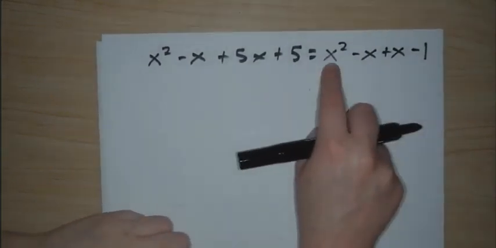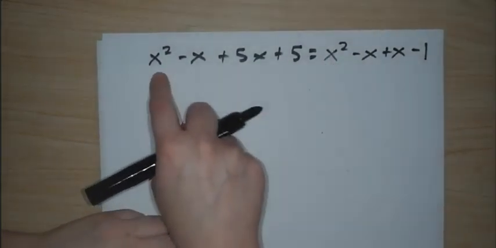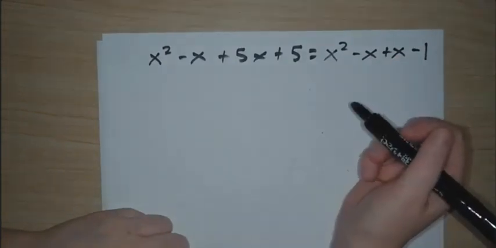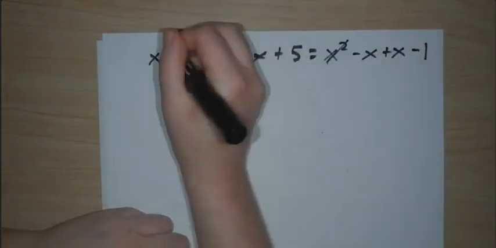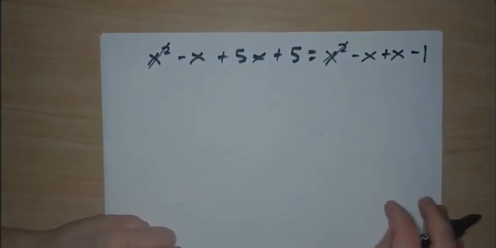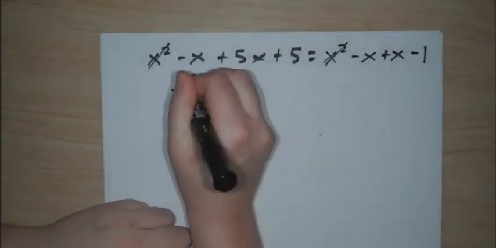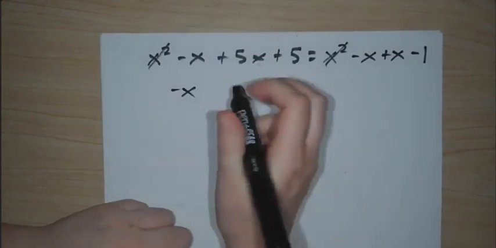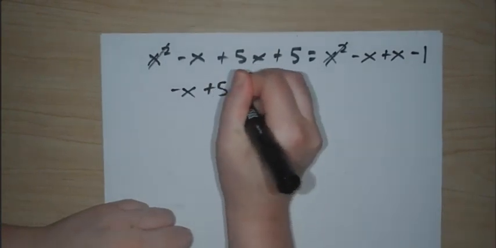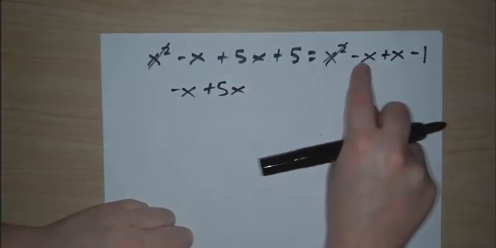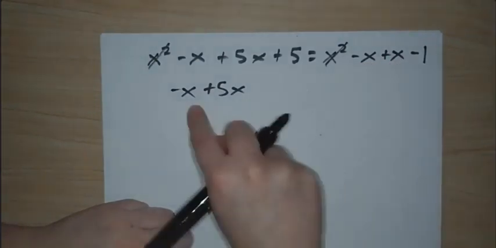So we're going to subtract an x squared on either side, and what will happen is the x squareds will cancel. So there's no more x squareds. And we have a negative x plus 5x. And I'm going to add everything from this side to this side.